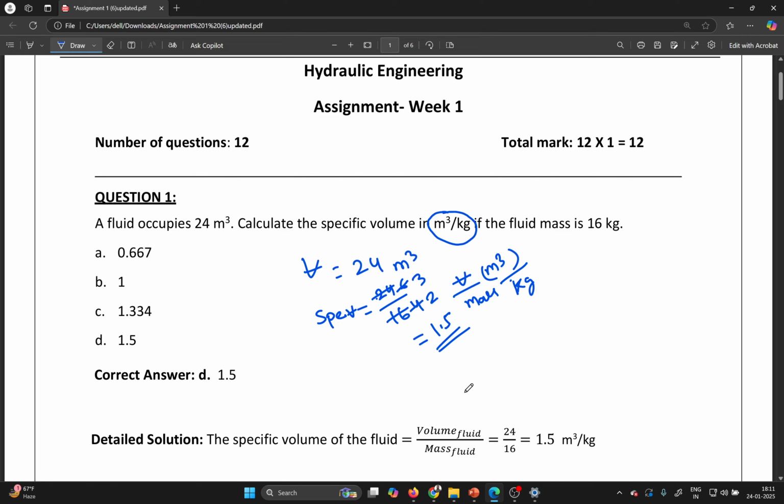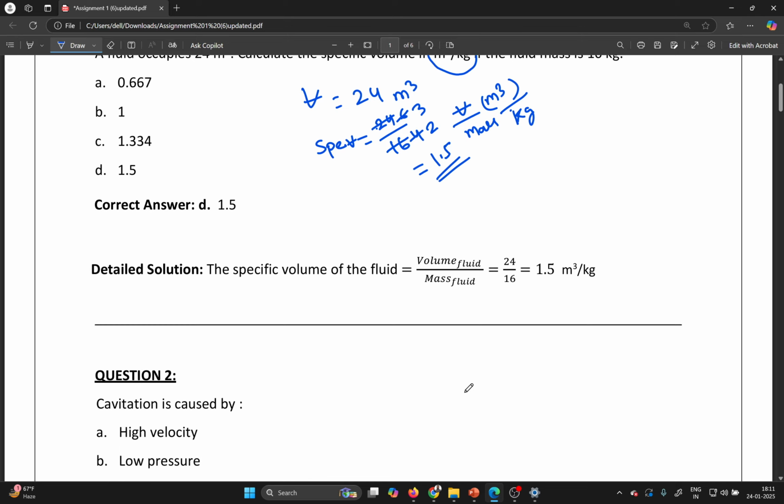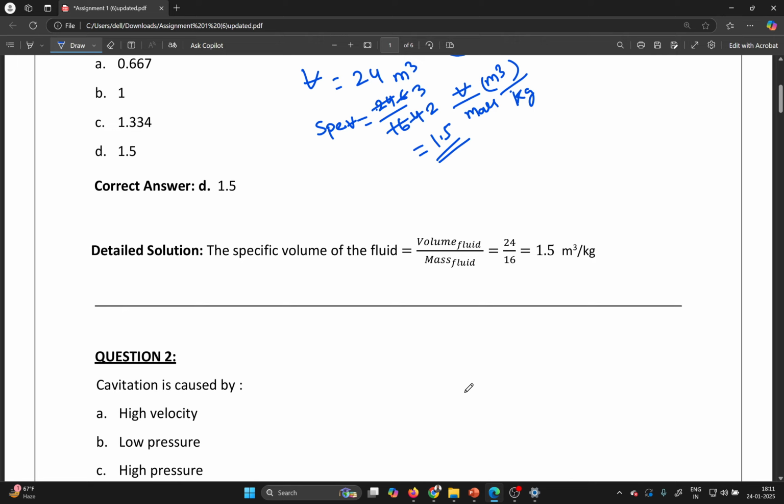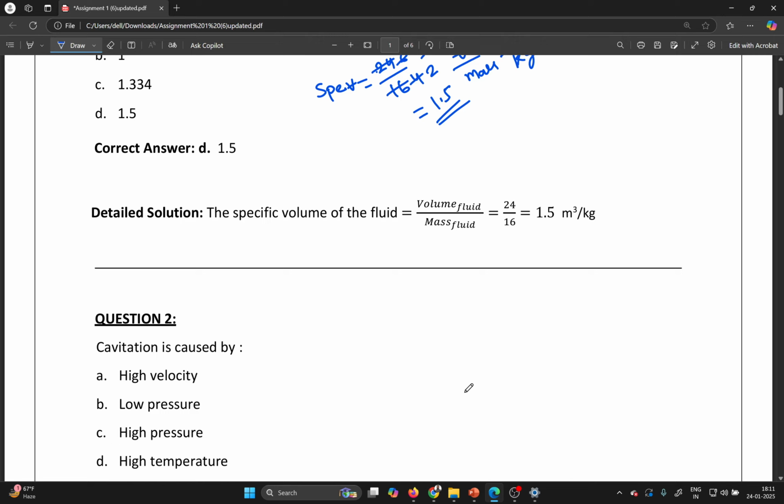Question number 2. The cavitation is caused by: high velocity, low pressure or high temperature. Please everyone try to give your answer. I have a picture of cavitation also, so I will show you.